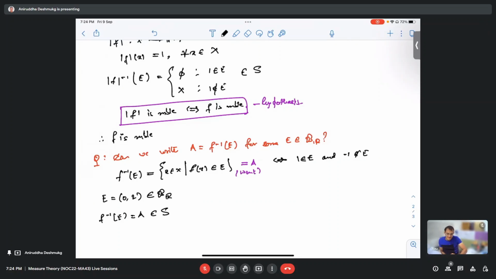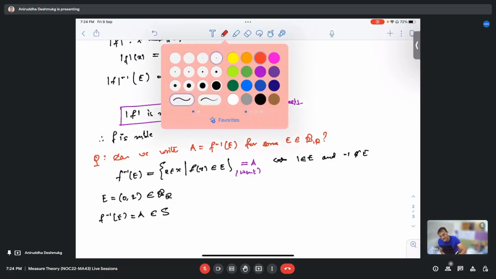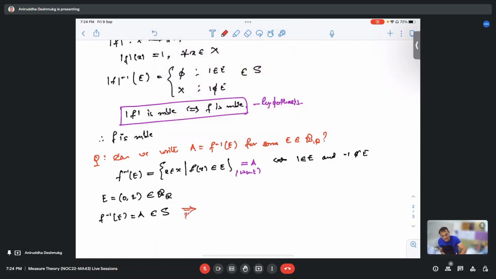Have we proved that the power set of X is equal to S? So does this imply that S is equal to power set of X?